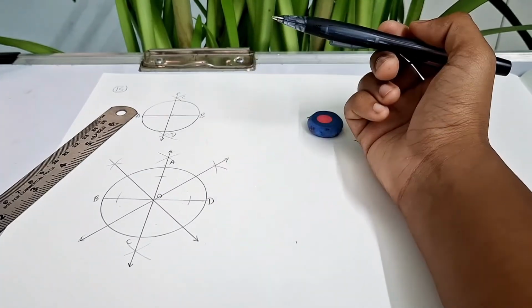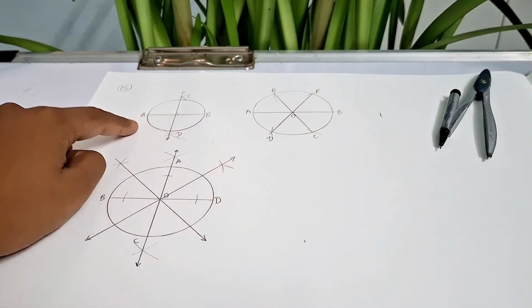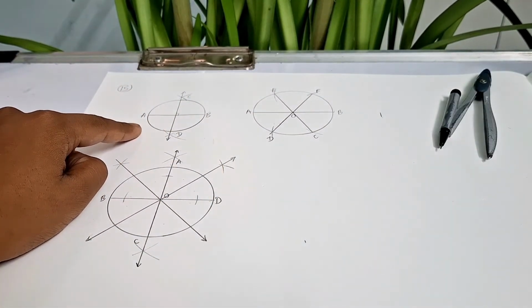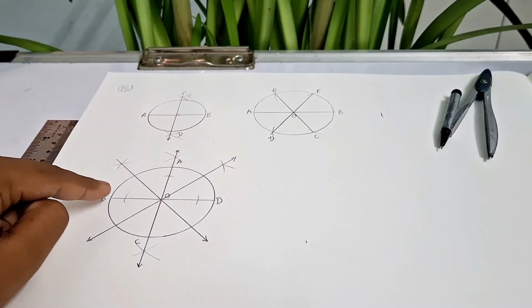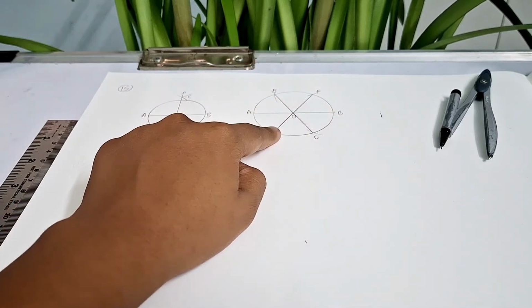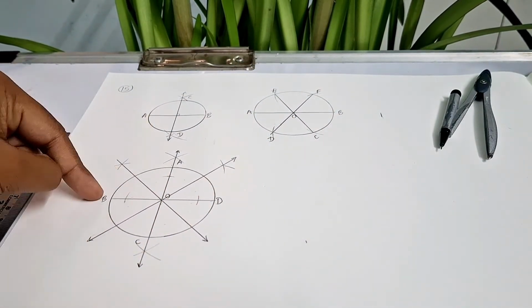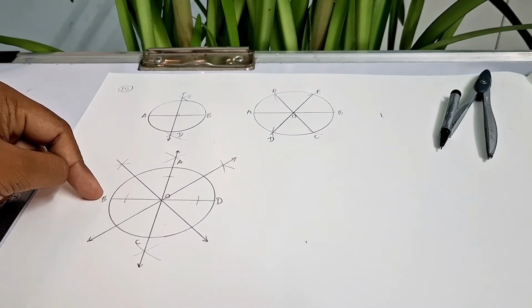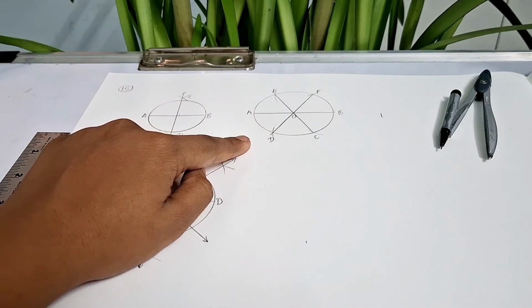So in circles there are 3 types of constructions. One is the normal one in which we divide the circle into 4 equal parts. The second construction is dividing the circle into 6 equal parts, and the third one is dividing into 8 equal parts. The first and third constructions use the same method, and the second construction uses a different method.